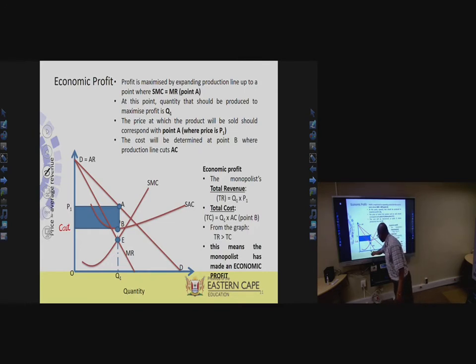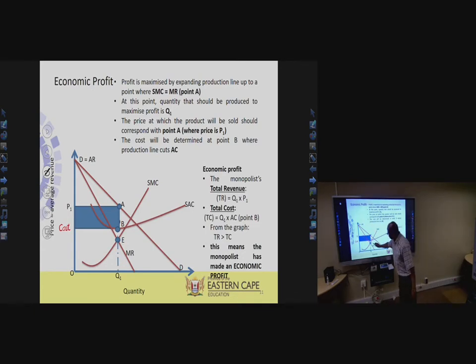Then we assume that particular point is our minimum. But we have already also learned that when MC cuts your MR, that is when we get the quantity whereby we are maximizing the profits.